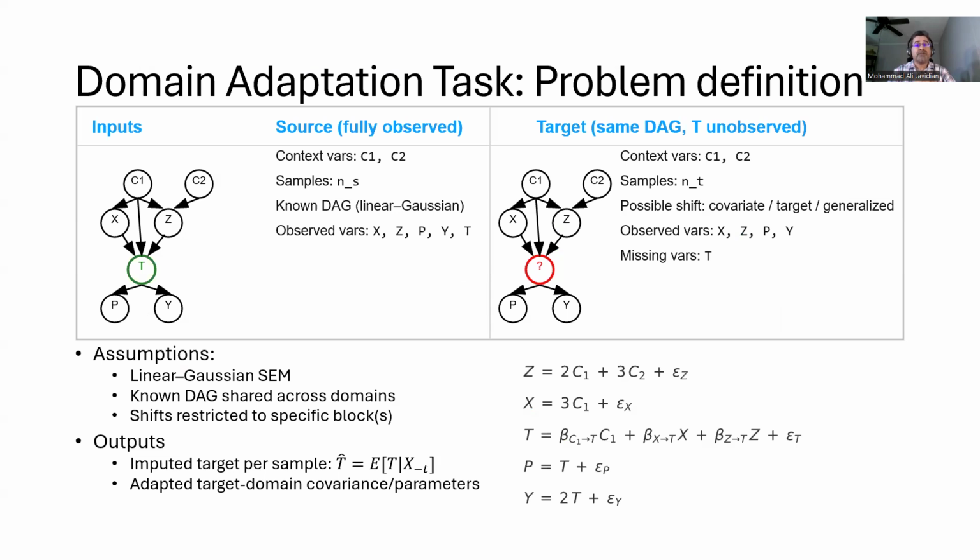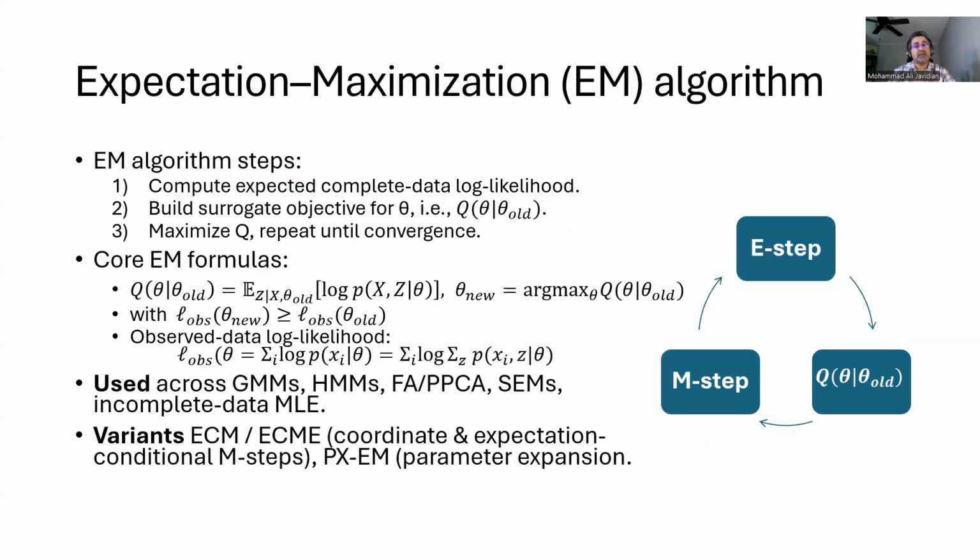Before our method, a quick refresher on the EM algorithm and why it suits missing data. The main idea is simple but elegant. EM turns hard incomplete data maximum likelihood estimation into two alternating steps: expectation and maximization.